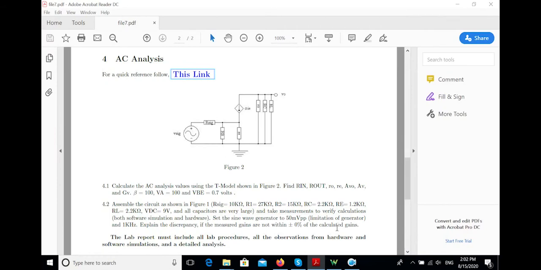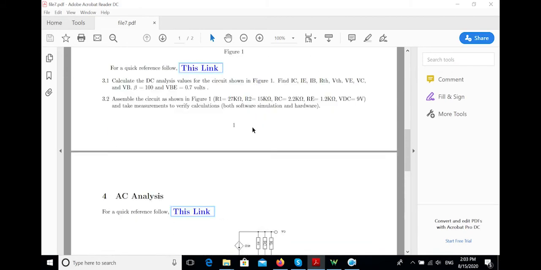The next part of the question is asking you to do the AC analysis. First, you do the calculations and you find the overall gain as one of the parameters mentioned here. This is not the circuit that you're going to build, this is a model for BJT and AC equivalent of your circuit.